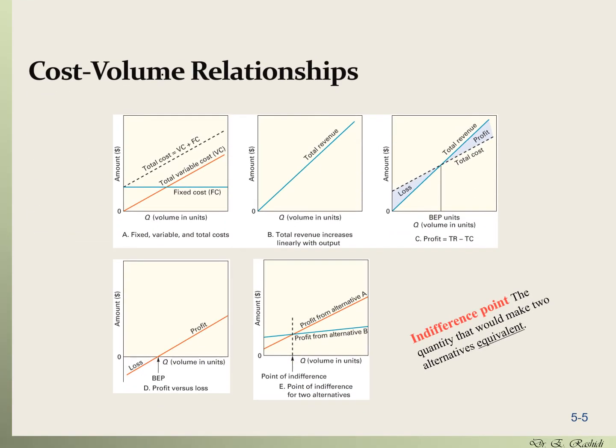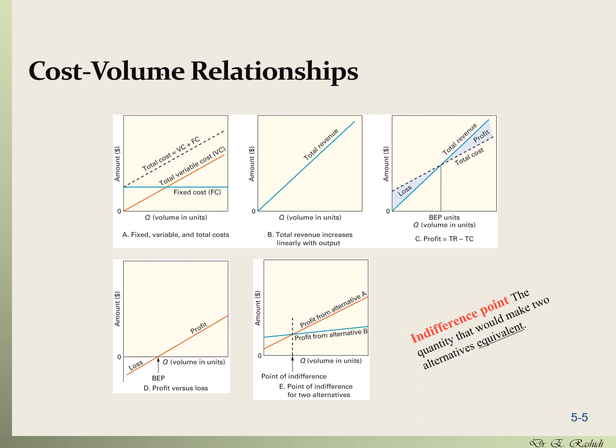This chart shows the cost volume relationship when you evaluate the alternative economically. So we learned that the cost can be broken down into the variable cost and fixed cost.